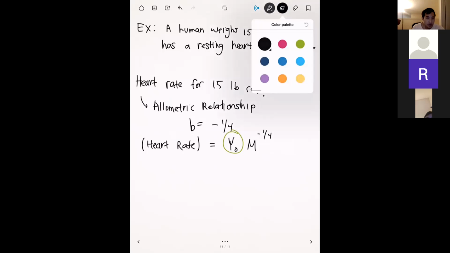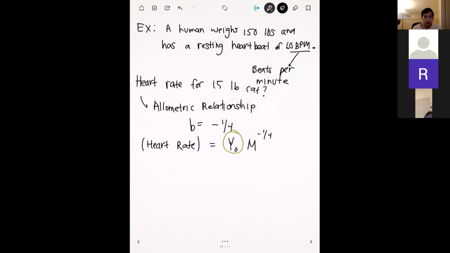Okay, and so let's set up this equation for both the human and the cat. For the human we know the answer already. So for the human, we have 60 BPM, which is equal to y naught times its mass. I'm going to just plug in the weight right here, but because of the way we're going to factor this problem, we're going to cancel out the units for everything.